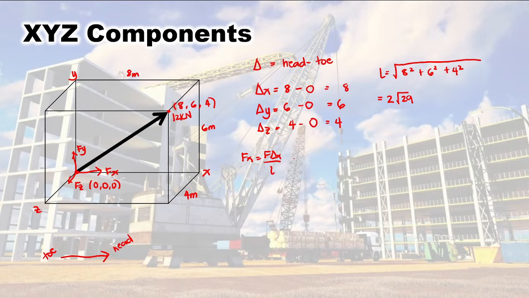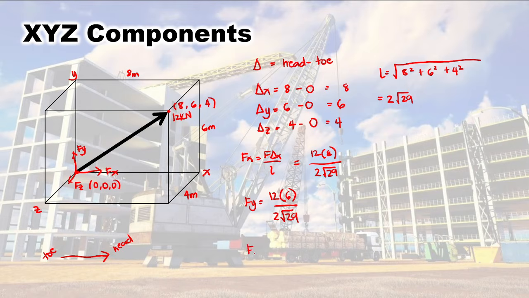Then we will just substitute our values to our formulas. Our Fx would be equal to 12 kilonewton, since that is our force, times delta x, which is 8, divided by 2 square root of 29. Then our Fy, the same: 12 times our delta y, which is 6, divided by our L, 2 square root of 29.